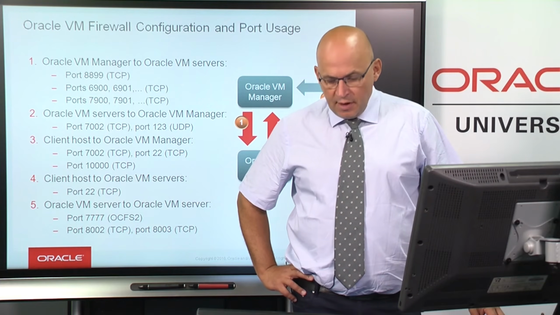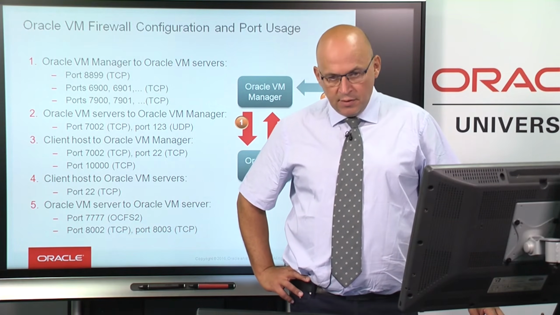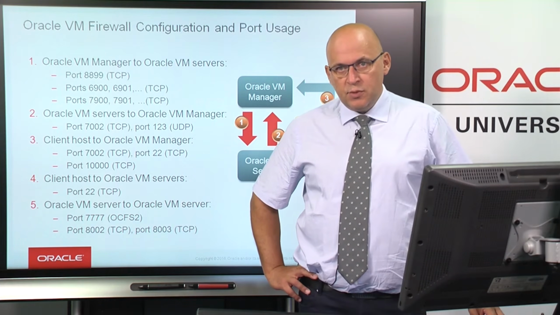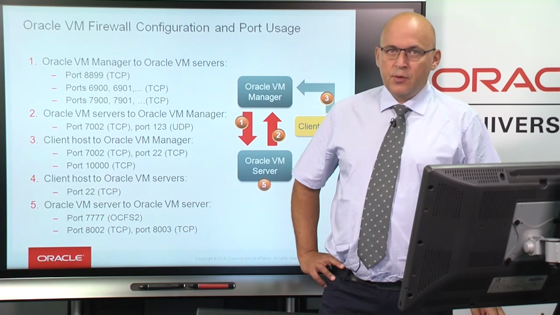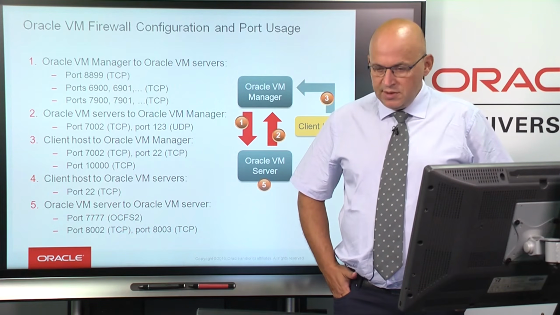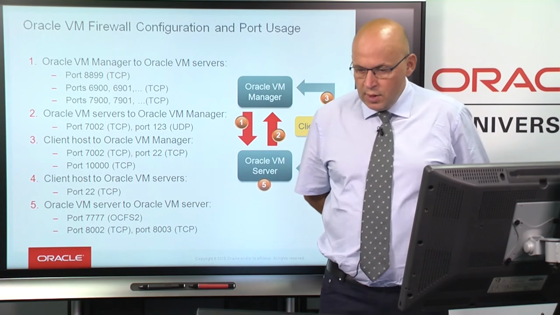Now, there are several other ports like the ports 6900, 6901 that will be used for VNC server connections, ports in the family between 7900, 7901.